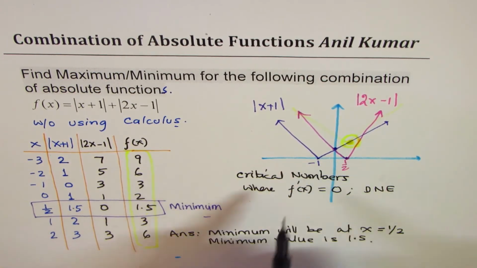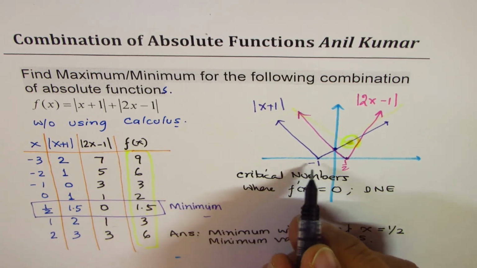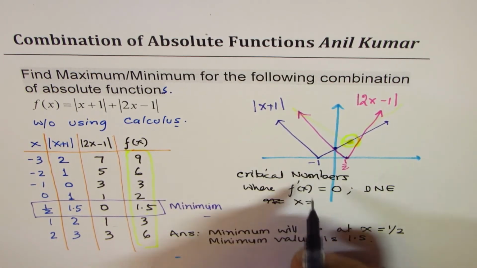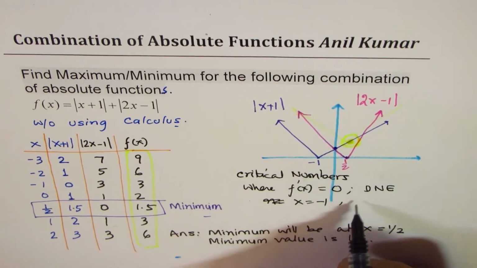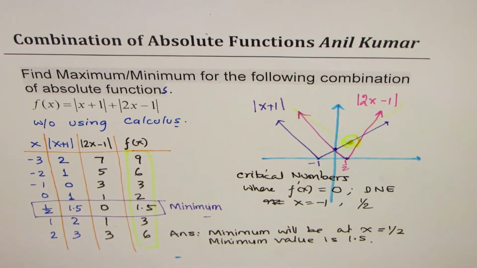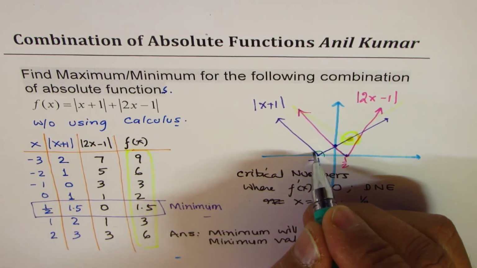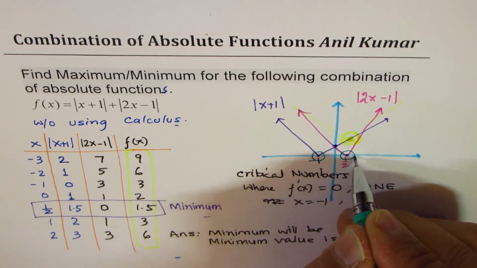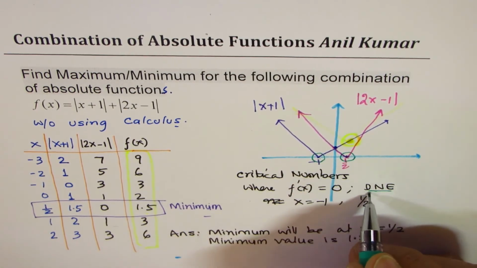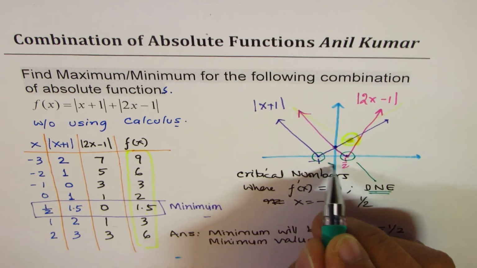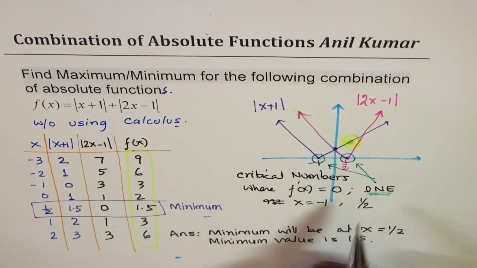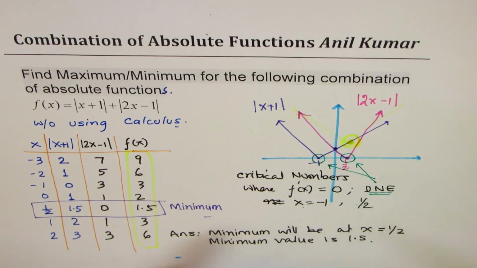In this particular case, there are two critical numbers: x equals minus 1 and x equals half. Why? Because at these points we have a corner. I'm not really doing a derivative, but explaining. At these points, the derivative does not exist. So we have two critical numbers.